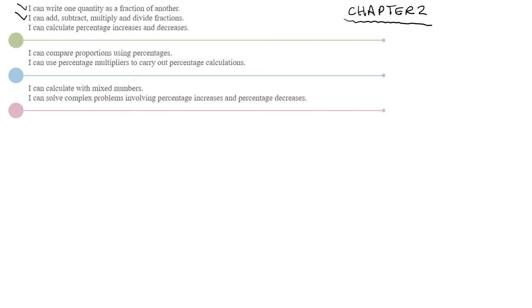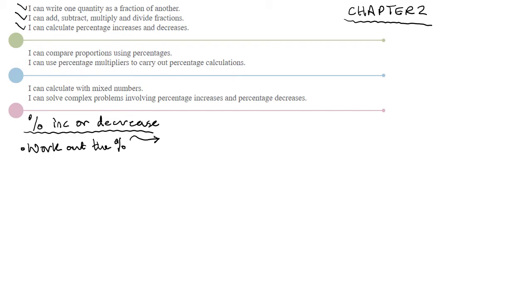Next comes calculating a percentage increase or decrease. So there's a couple of ways we can do this. We can work out what the percentage is. Now, useful things to help you work out a percentage without a calculator: to find 10% you divide by 10.